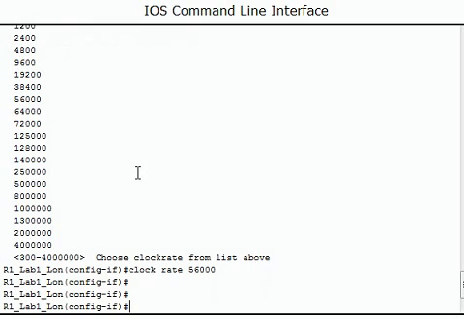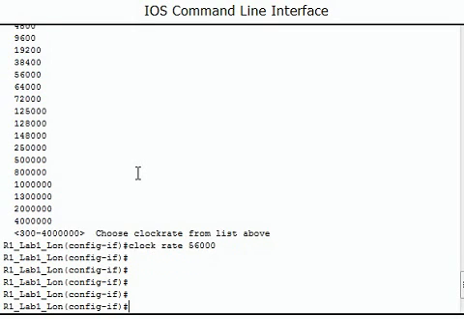This device will communicate on this serial interface with the other device connected on the same line at not more than 56,000 bits per second. So the maximum speed will be 56,000 bits per second. Okay, here we go.